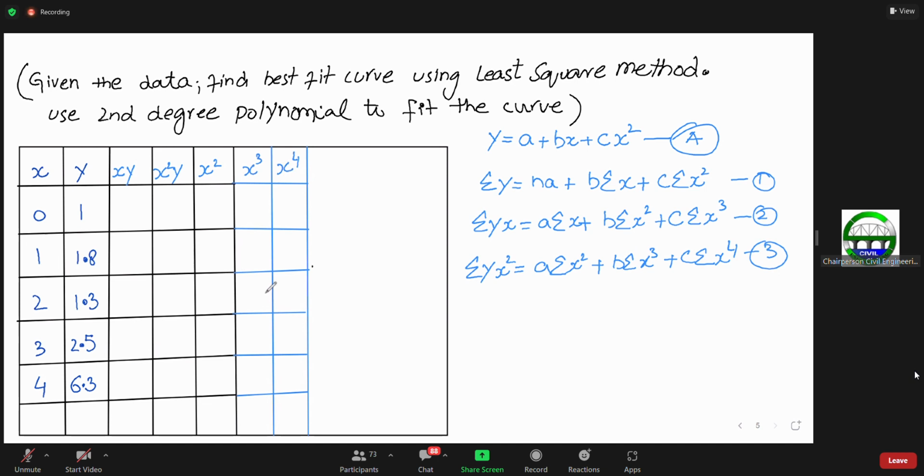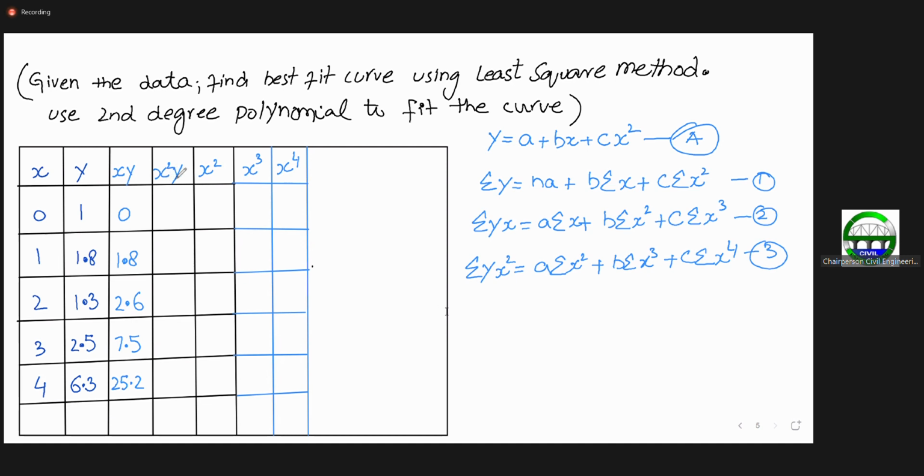So first tell me what is xy? Xy will be 0. In here 1.8, in here 2.6, in here 7.5, and in here 25.2.